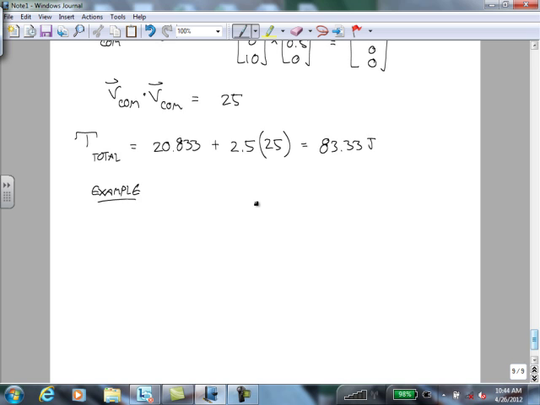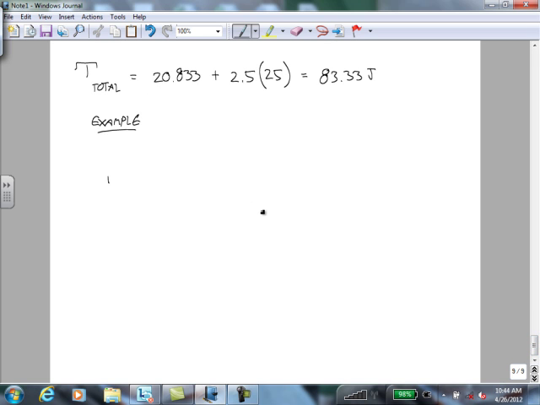So say you have a roller over here, a pin over here. Let's call this body 1.